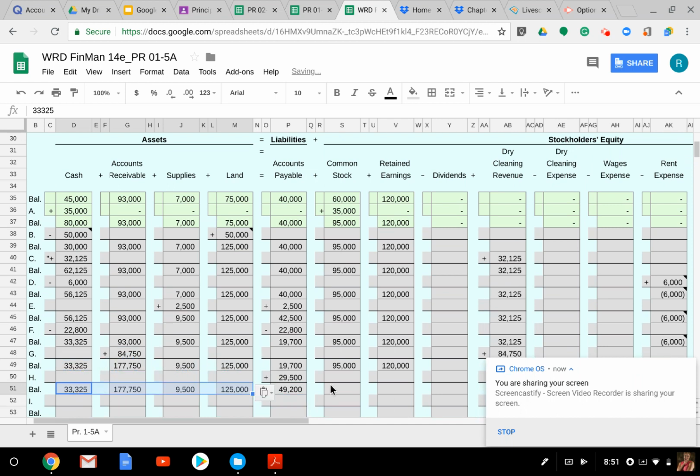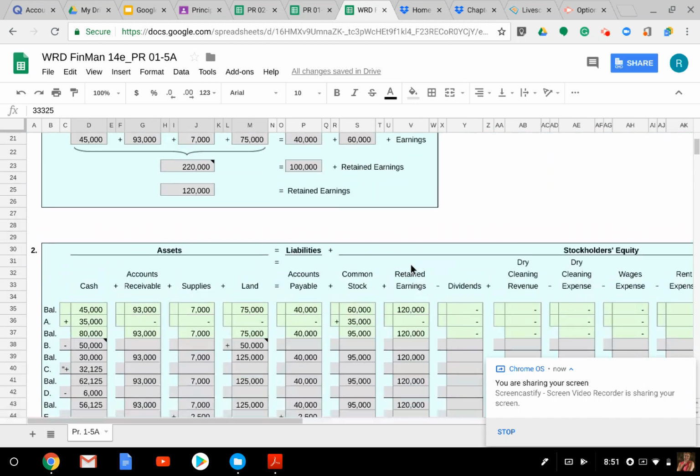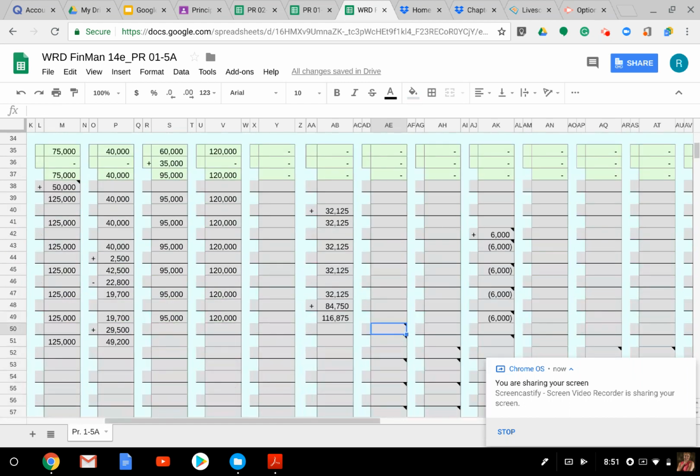Okay. So we have accounts payable, and it was for an expense, remember? Dry cleaning expense. So I'm going to scroll up so you can see where dry cleaning expense is. Dry cleaning expense is right here. So we're going to go down to that account line, which is 50 for line H. And we're going to increase our expenses by the amount of $29,500, the amount of the invoice.